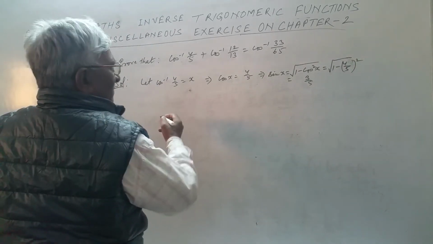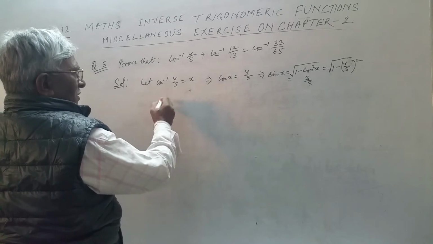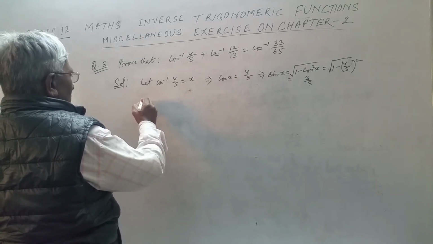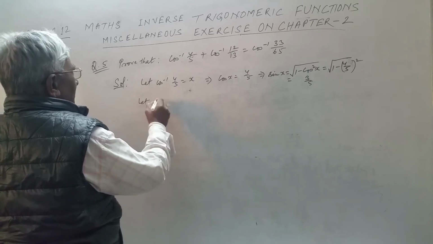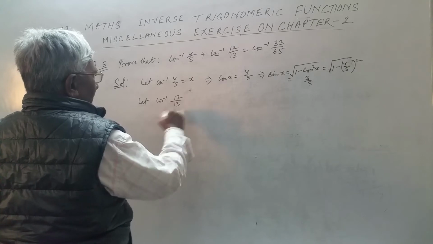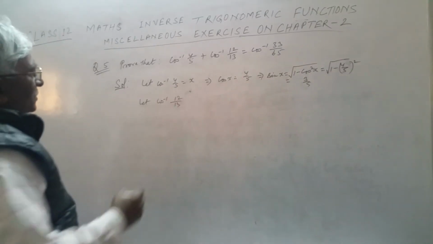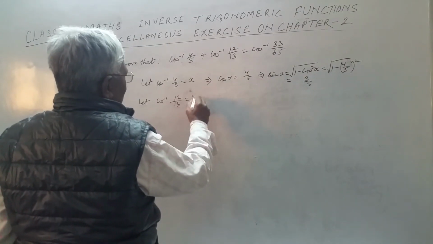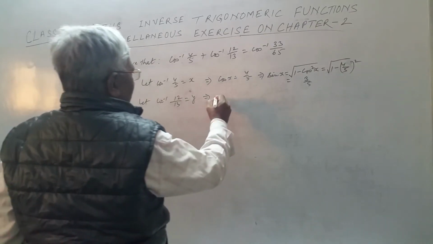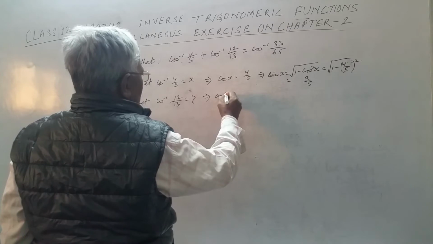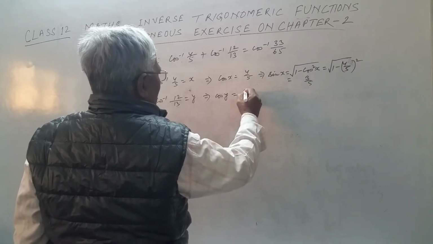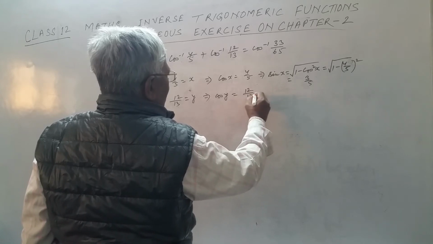Now, okay, again let cos inverse 12 upon 13 is equal to y, because x you have taken, so y. Then cos y is equal to 12 upon 13.